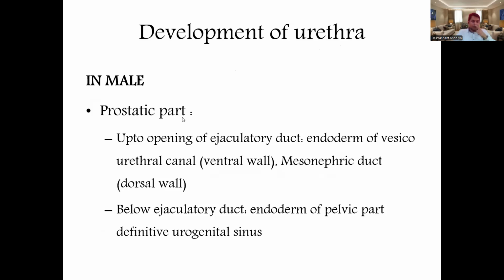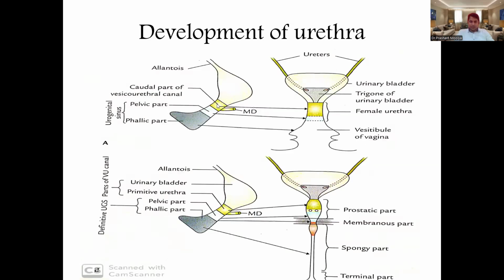The prostatic part of the urethra above the opening of the ejaculatory duct, or you can say the opening of mesonephric duct, is formed by the endoderm of vesicourethral canal, which could be seen in this yellow colored part above the opening of this ejaculatory duct. This is the mesonephric duct, or you can say the ejaculatory duct, which forms later on.